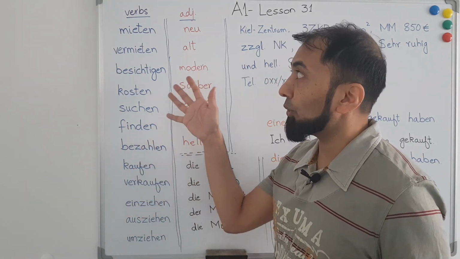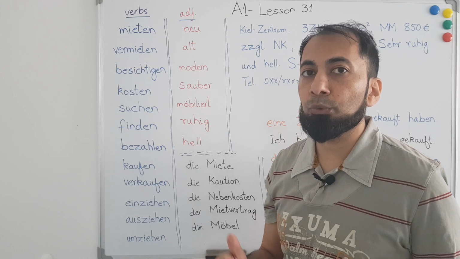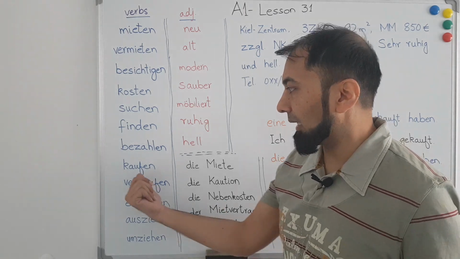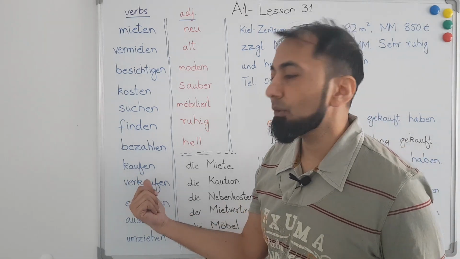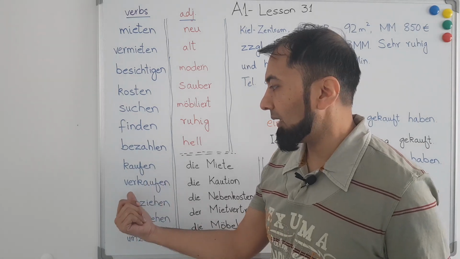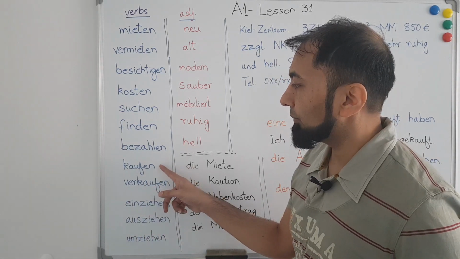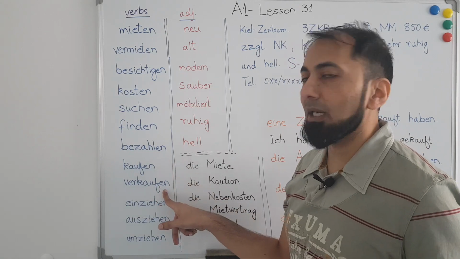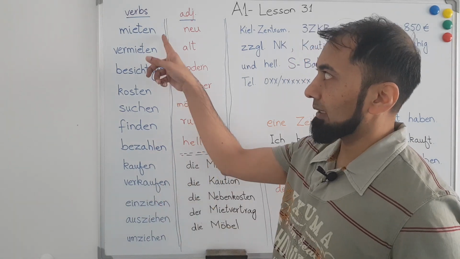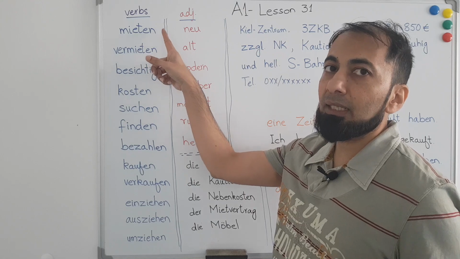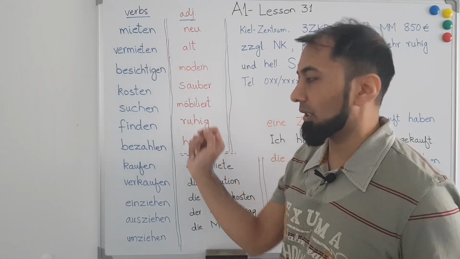If you don't want to rent an apartment, rather you want to buy an apartment, then kaufen, to purchase or to buy. Verkaufen, to sell. So kaufen and verkaufen are opposite of each other, in the same way as mieten and vermieten are opposite of each other.